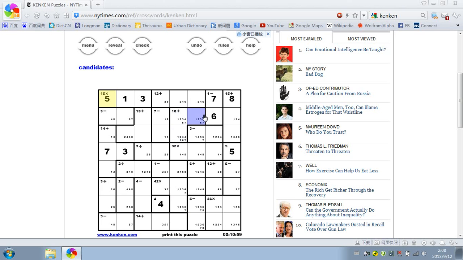Because the rest would be 1, but you can have 8 here. And 1 for these 2 cells. But the thing is, it's already 1, 8 for these 2 cells. So you cannot have 1, 8 in the same column or same row as this cell.